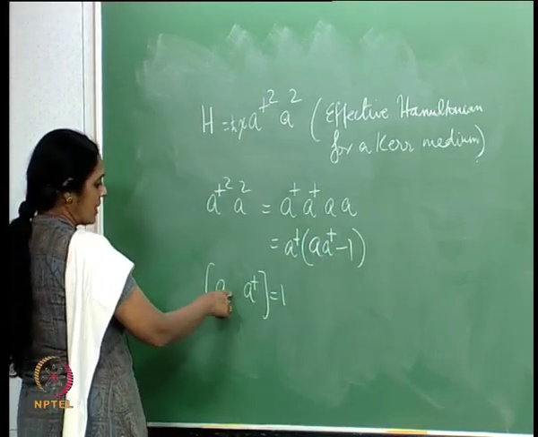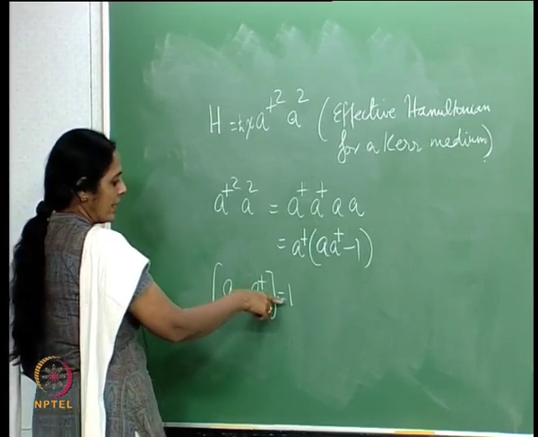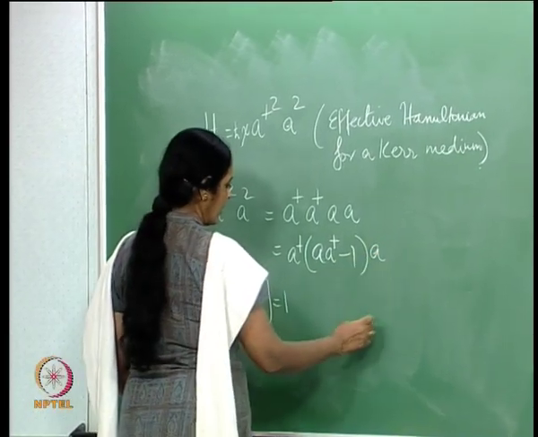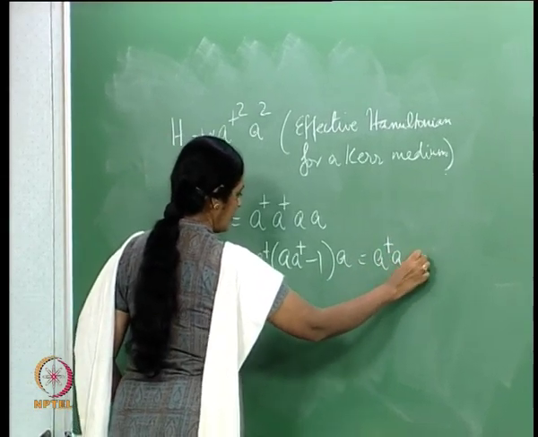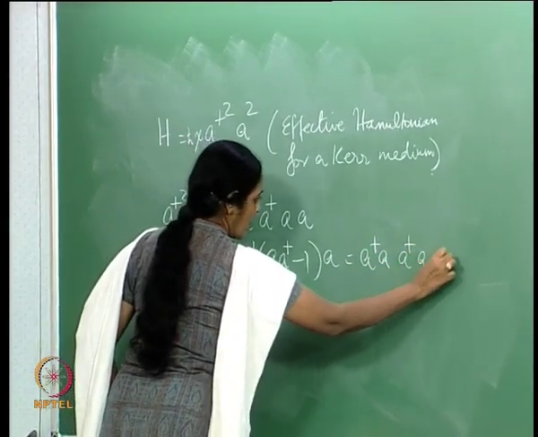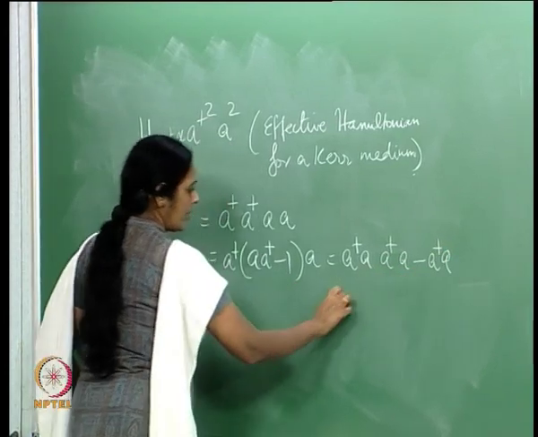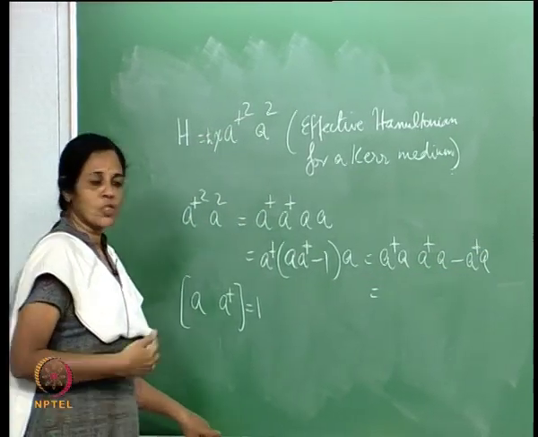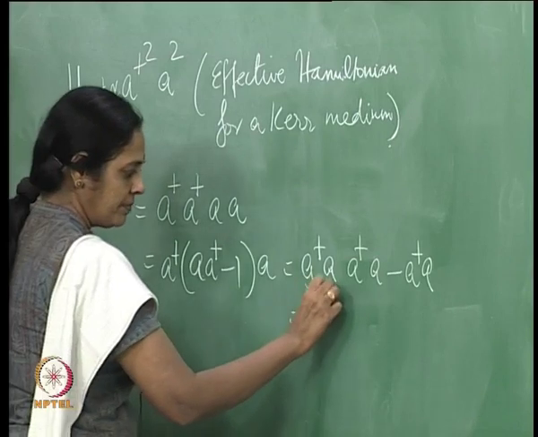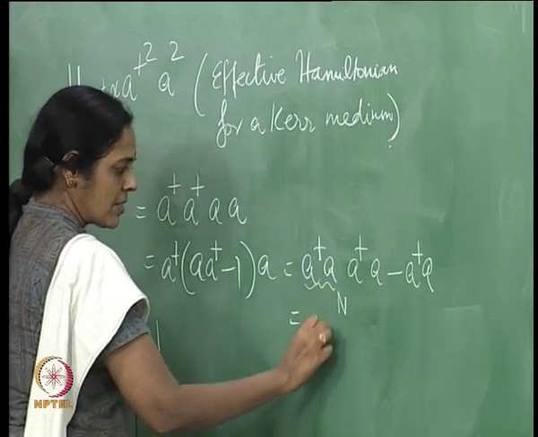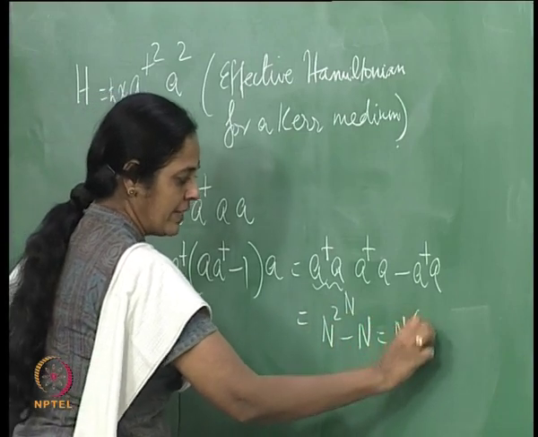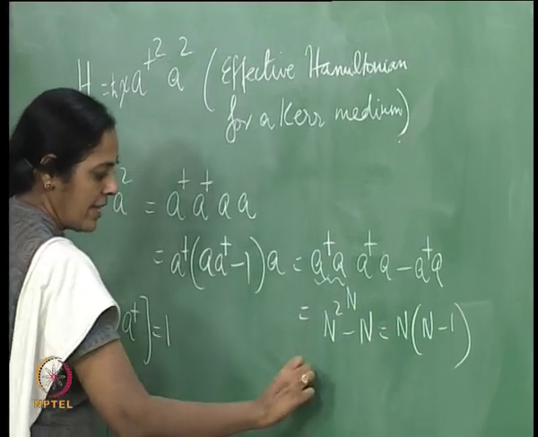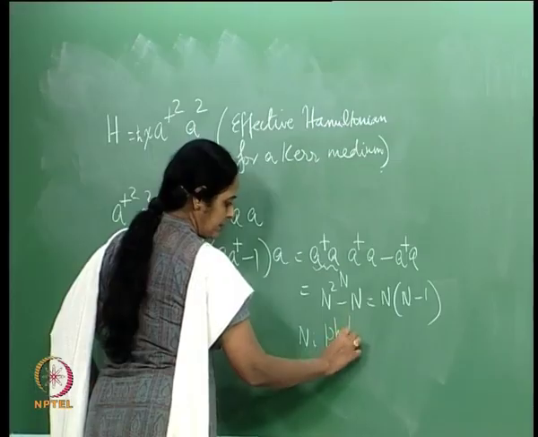So, I can write a dagger squared a squared as a dagger, a dagger a minus 1, and there is an a there. So, this object is simply a dagger a a dagger a minus a dagger a. In other words, in terms of the photon number operator n, this is n squared minus n, or n into n minus 1, where n is the photon number operator.